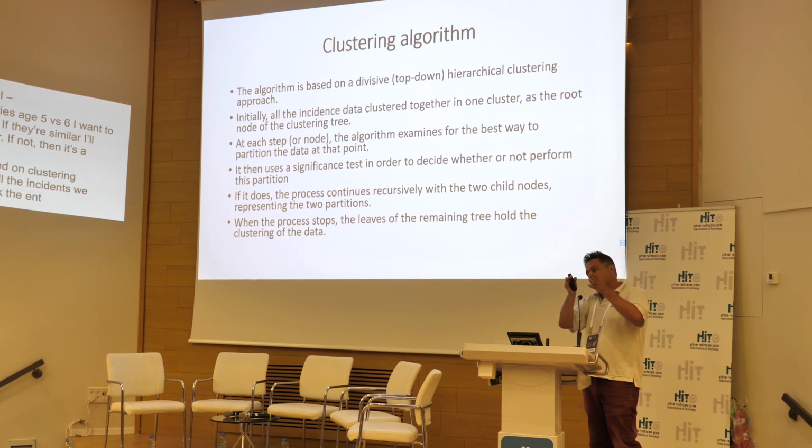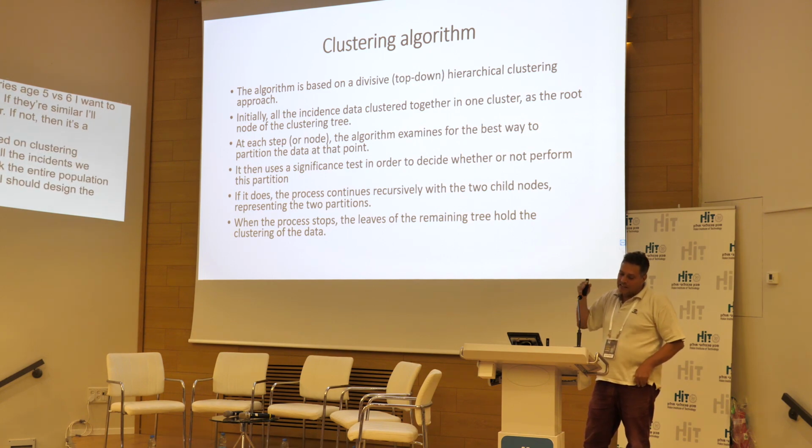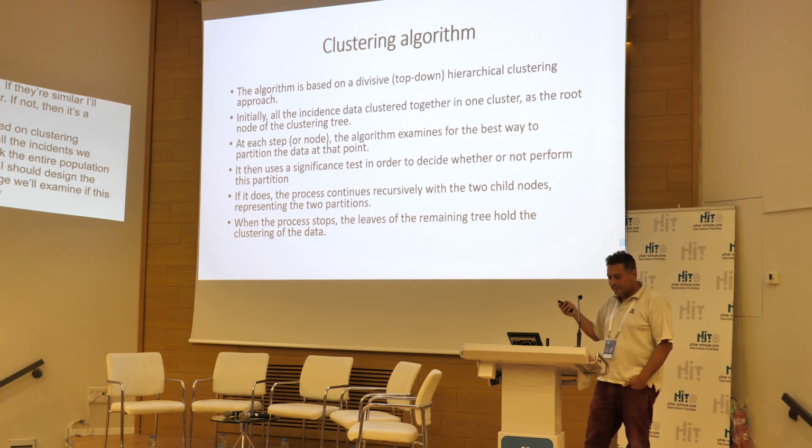I'll look where is the first division that I should divide the population, therefore, where is the biggest difference? And then at each step of the algorithm, I'll examine if this division is statistically significant. And if it is, then I'll go and do the next partitioning, okay?